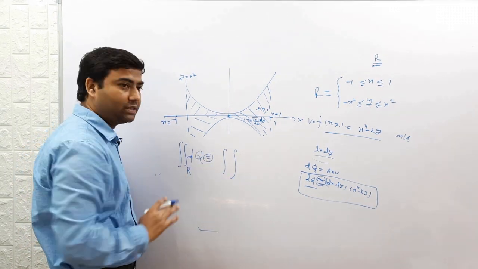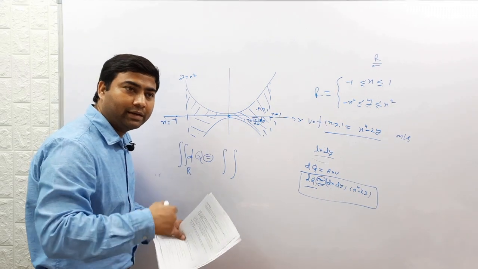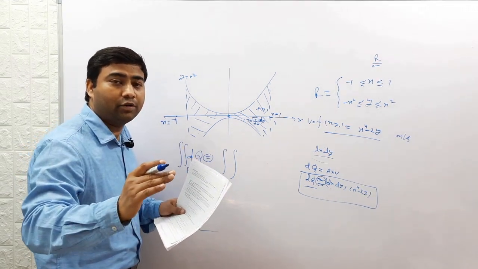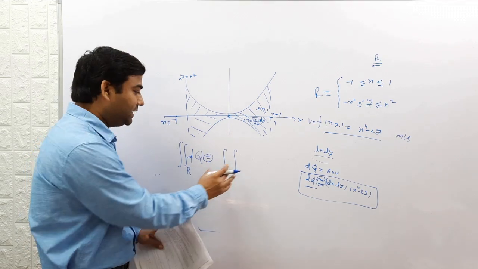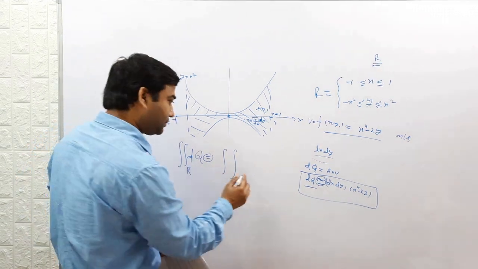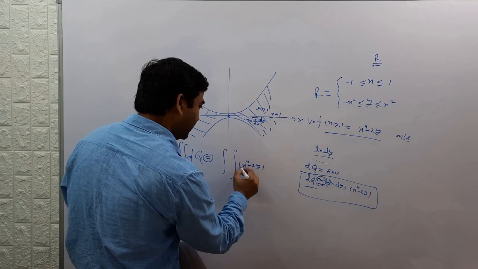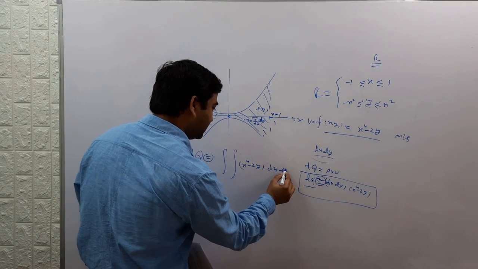This double integration operator takes care by Riemann series. The limiting value of the addition of an infinite series will be achieved by this double integration. So this is the double integral of x to the power 4 minus 2y dx dy.